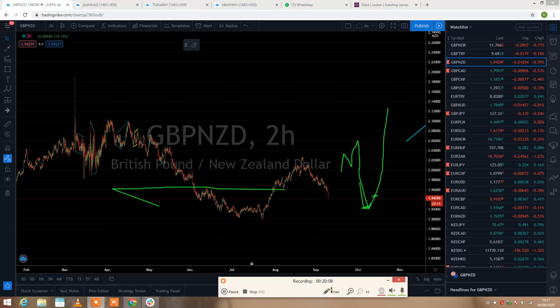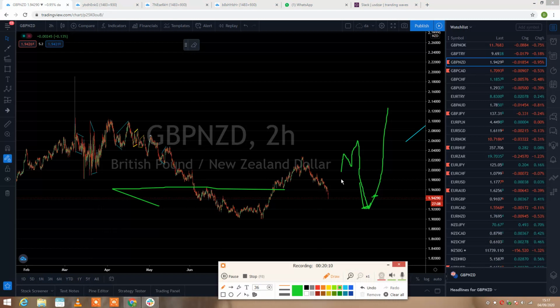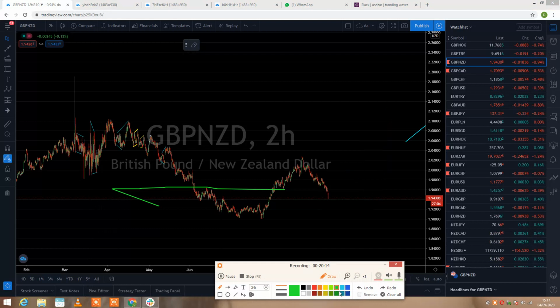Let me check my annotation too and clear everything there. So on the pound pace, it's clear. We have been coming down like this, 1 2 3, and we also have coming back like this, 1 2 3, and it started to pull down.